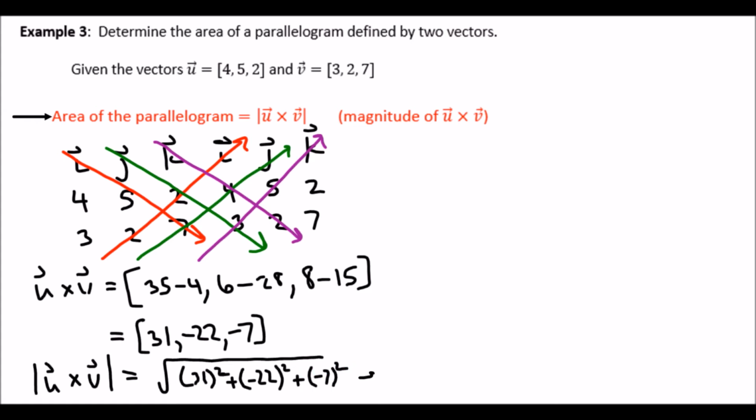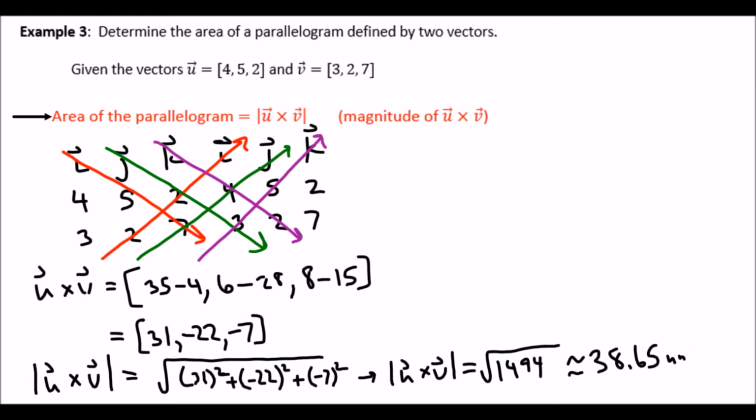When I do this, I get the magnitude of u cross v is equal to the square root of 1494, which is approximately, putting this in my calculator, 38.65 units squared, since it's the area. So the area of that parallelogram is approximately 38.65 units squared.